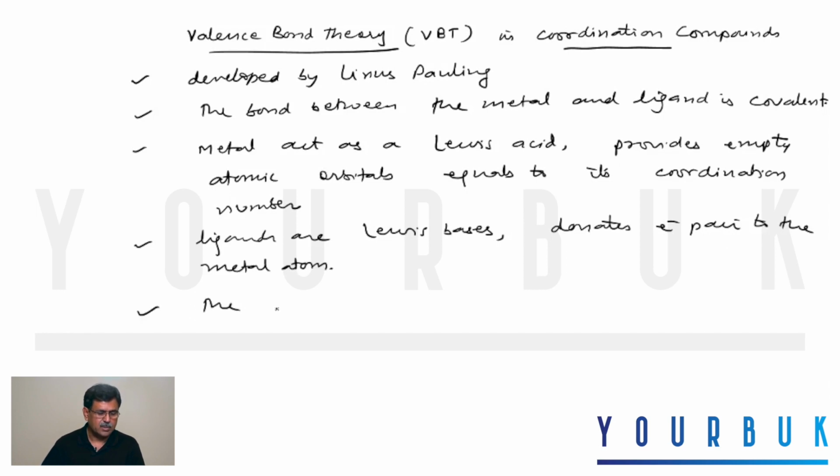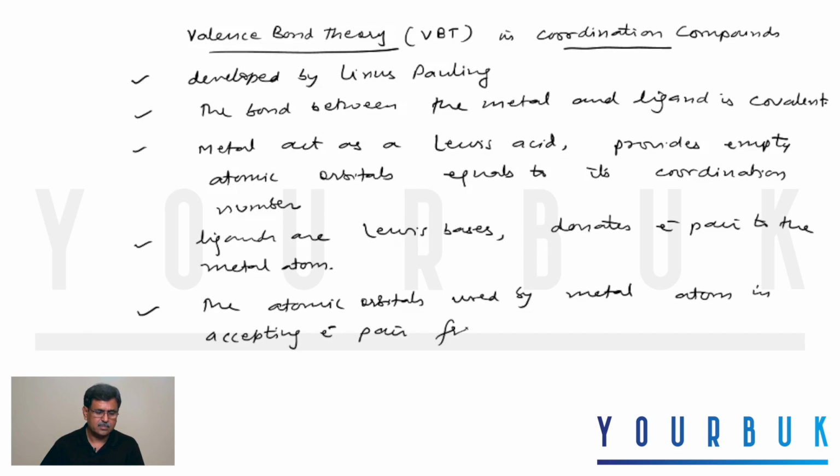The atomic orbitals used by the metal atom in accepting electron pairs from the ligand decide the hybridization.